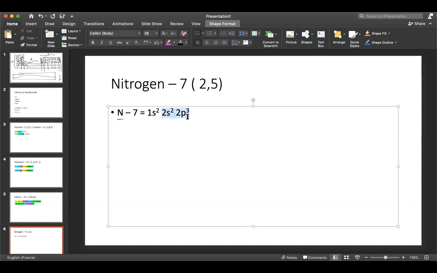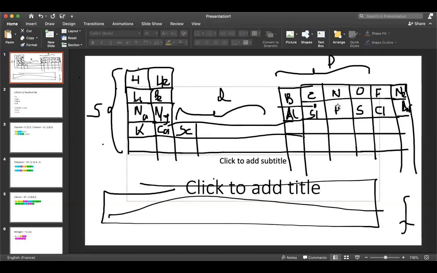So this is now the 2,5 that we learned. Now with the periodic table method, we are counting, say nitrogen is there.